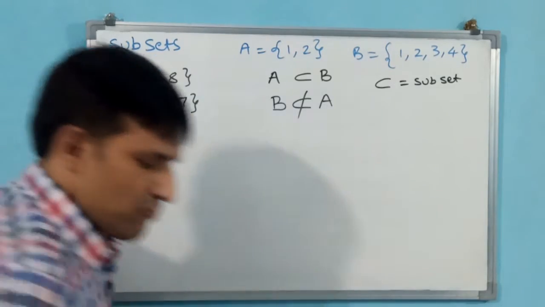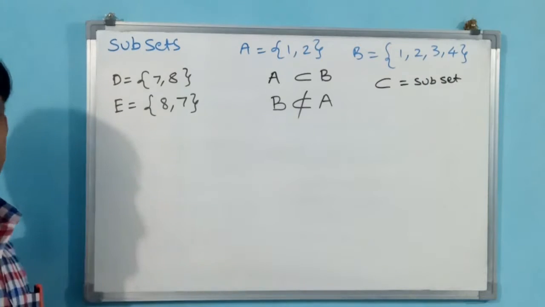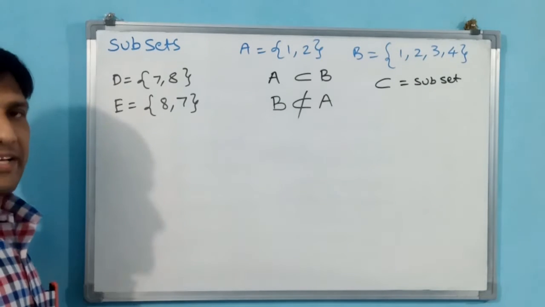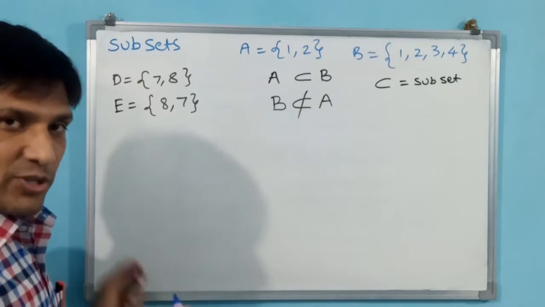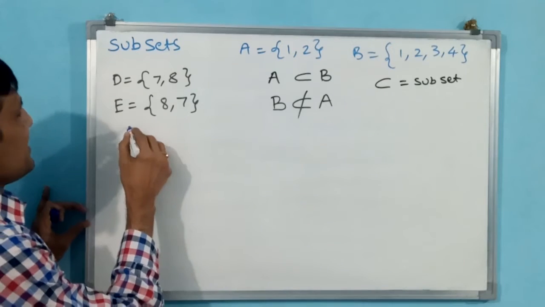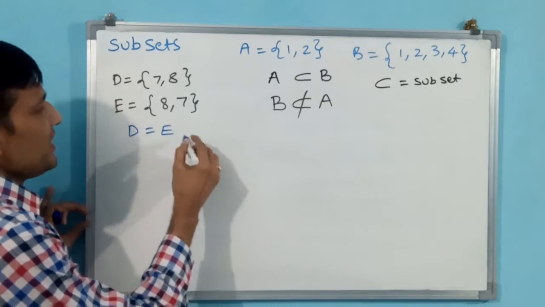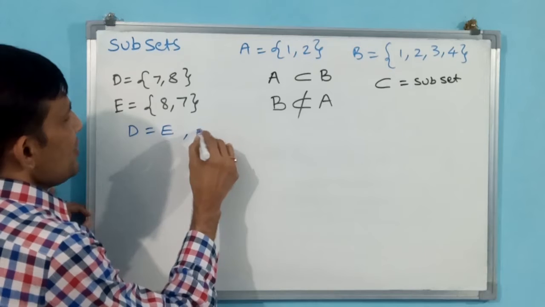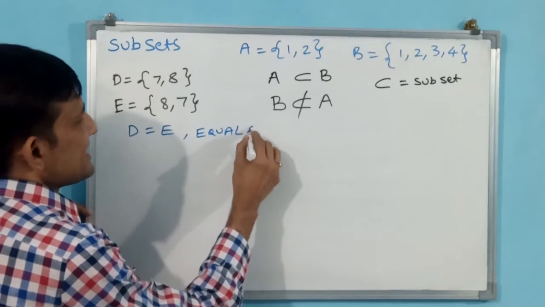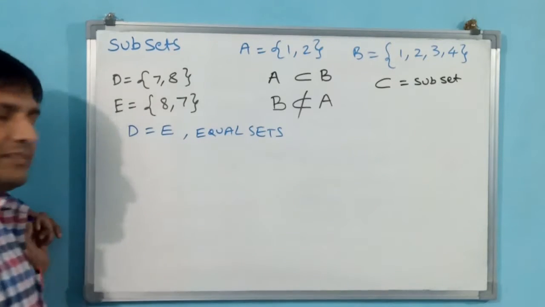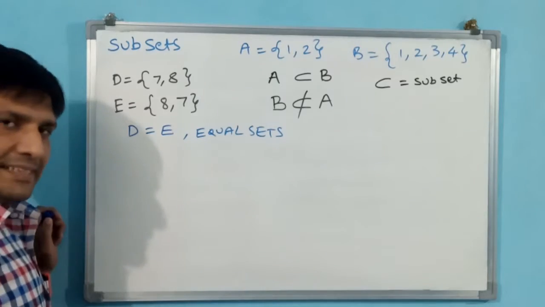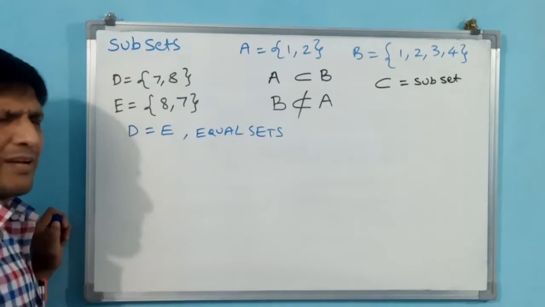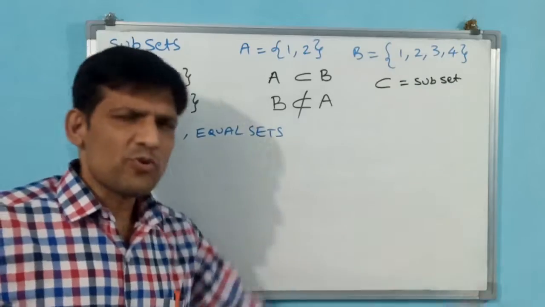In the last class, we learned that for such a representation, D is equal to E, equal sets.